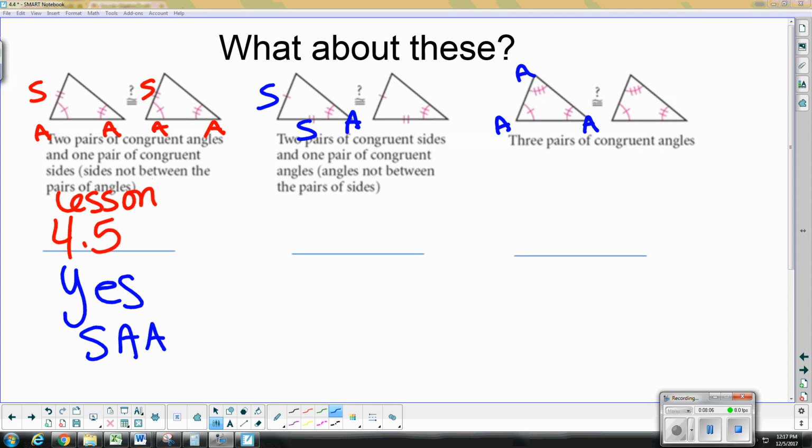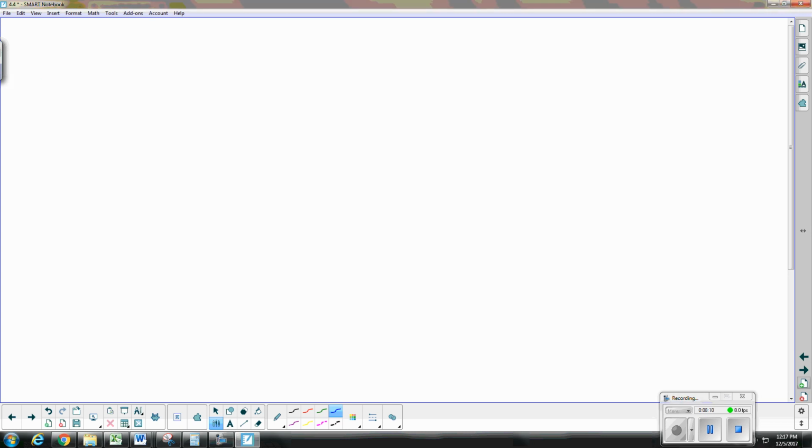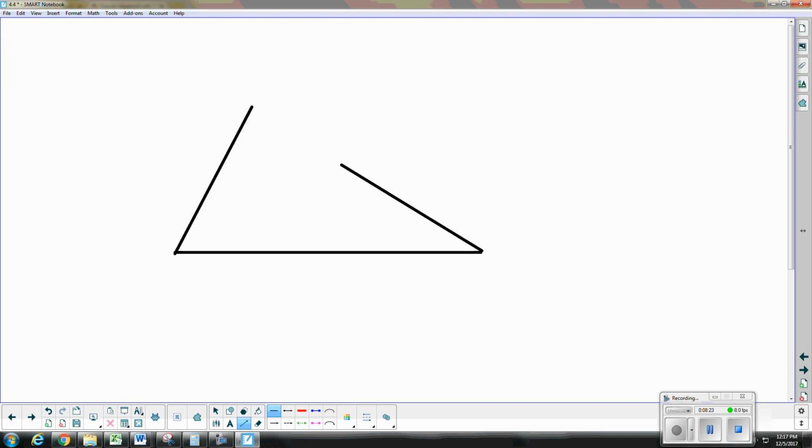All right, so let's look at the side, side, angle conjecture, and let's determine whether or not it's congruent. So if we have a triangle, and actually I'm going to make this a little bit smaller.